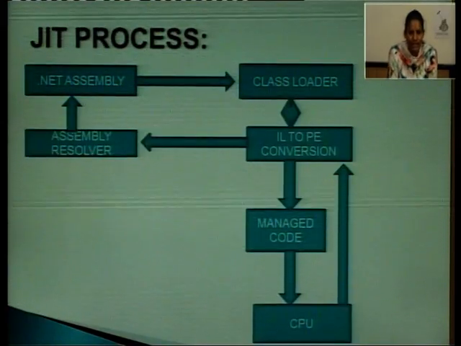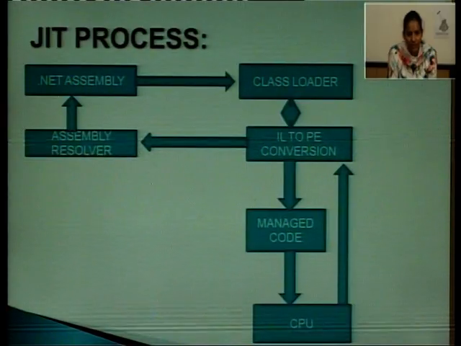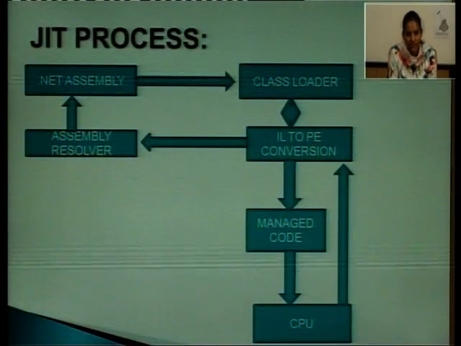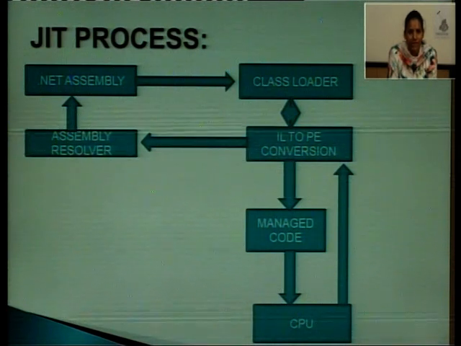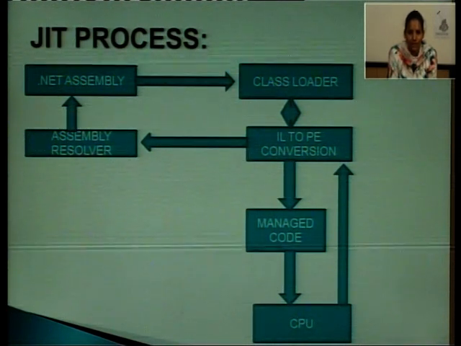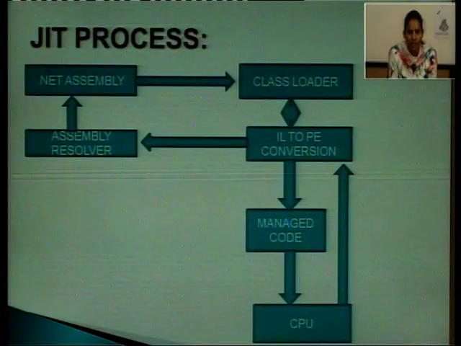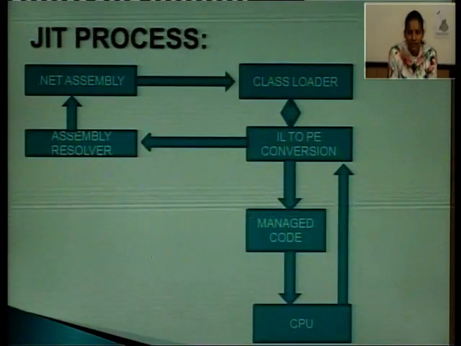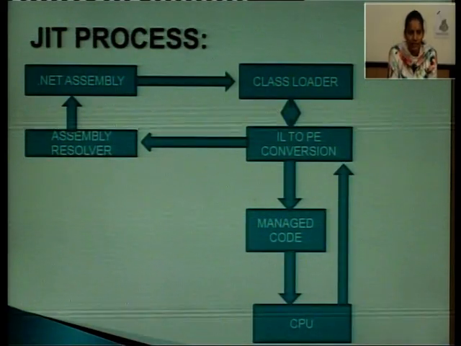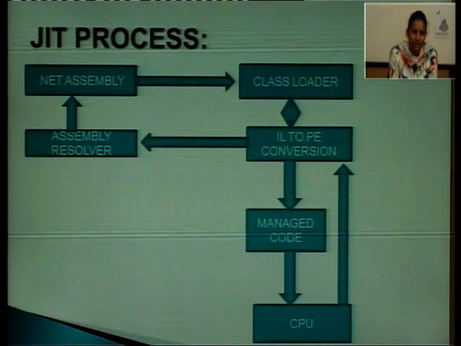So what does the just-in-time process contain? In the case of just-in-time, there are the .NET assembly, class loader, assembly resolver, and IL to PE conversion. Firstly, it contains the assembly resolver and required assemblies, and then it reloads all the required classes.